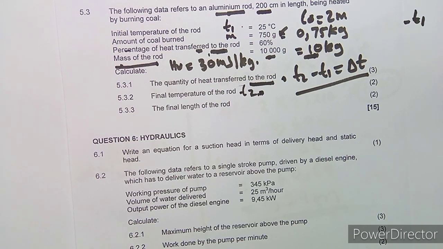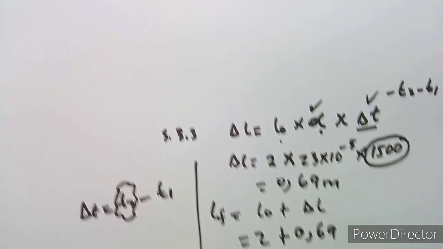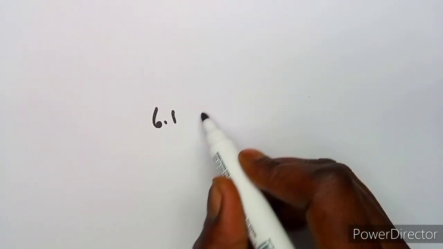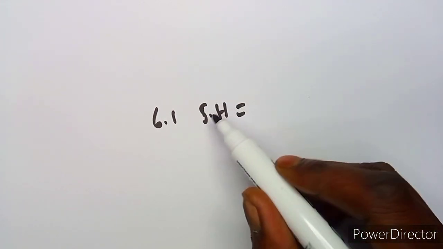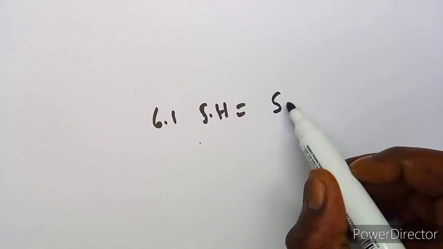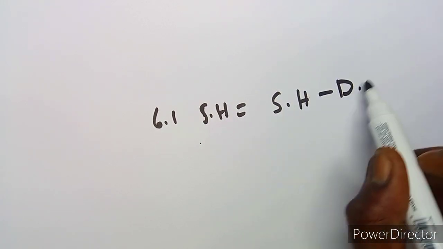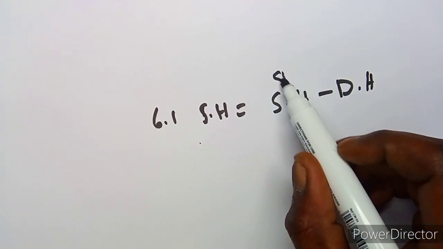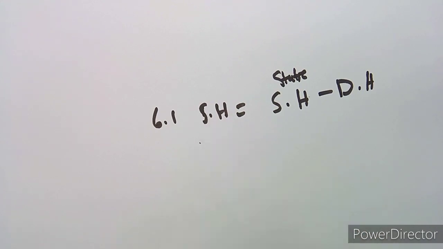Remember that your suction head is equivalent to the static head minus the delivery head. So you have to write in full: static head, delivery head, suction head.